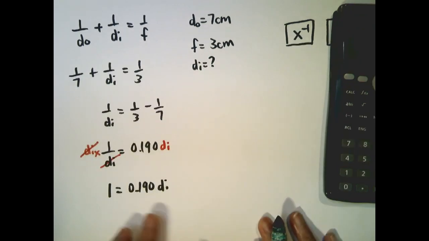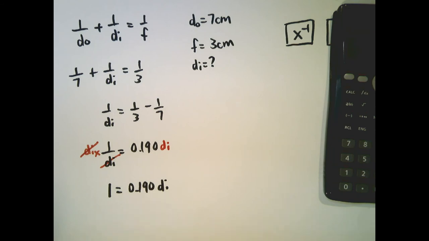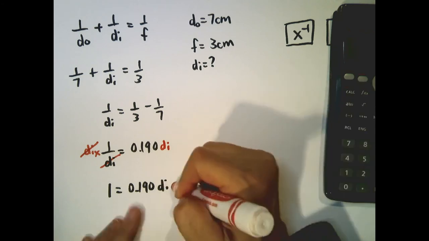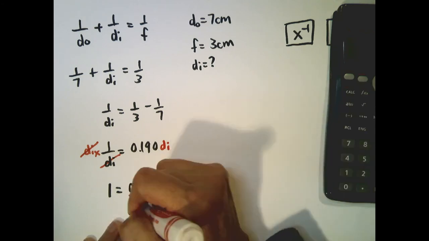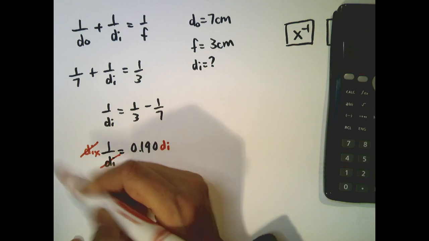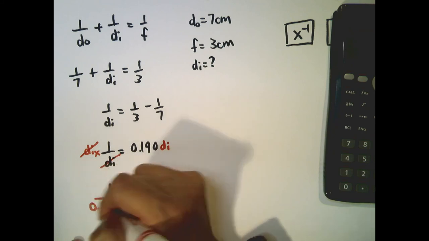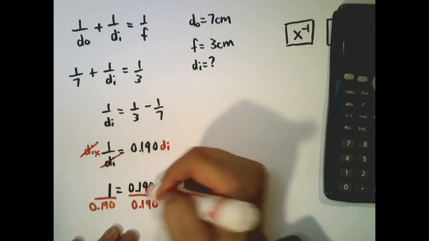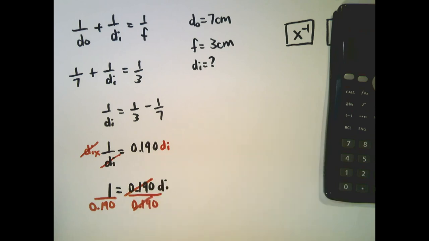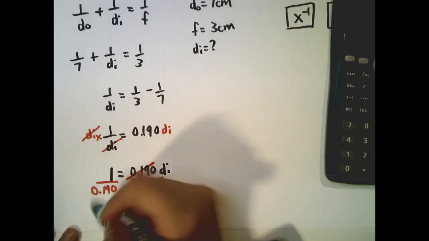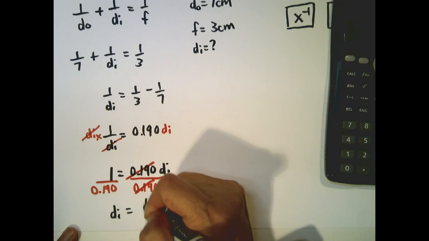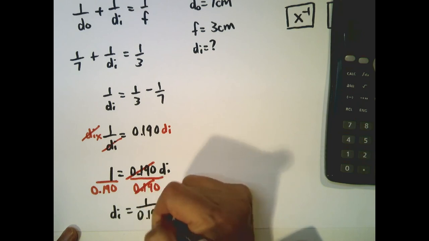Now, that's not good because I actually want just di. So let's divide, to get rid of that number. So if I divide both sides by that, that gets rid of that. And now I have di is equal to 1 over 0.190.